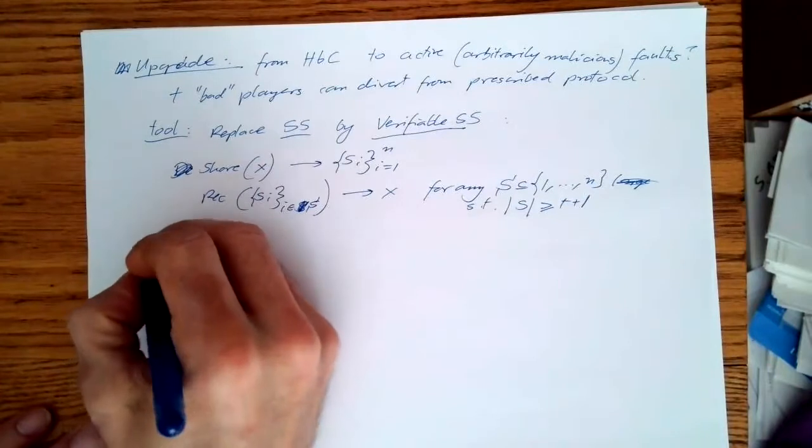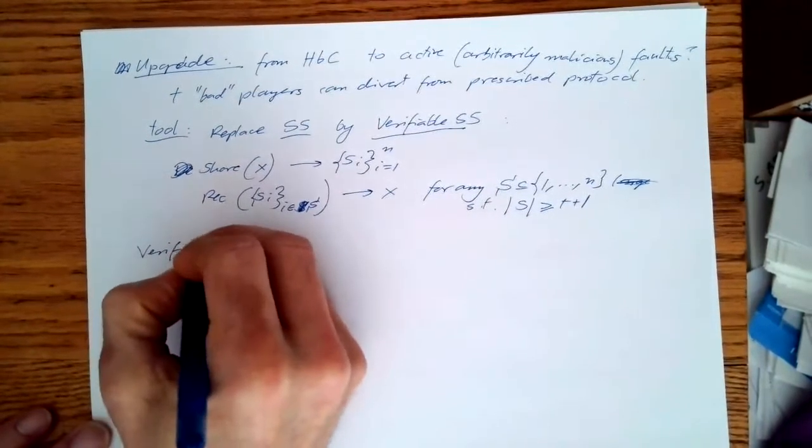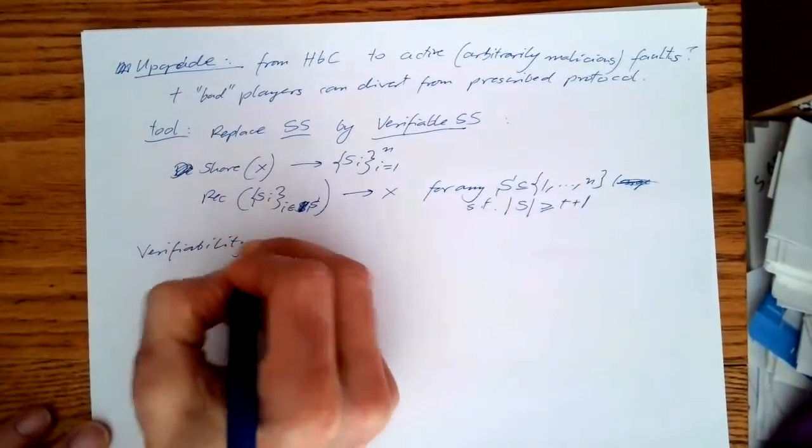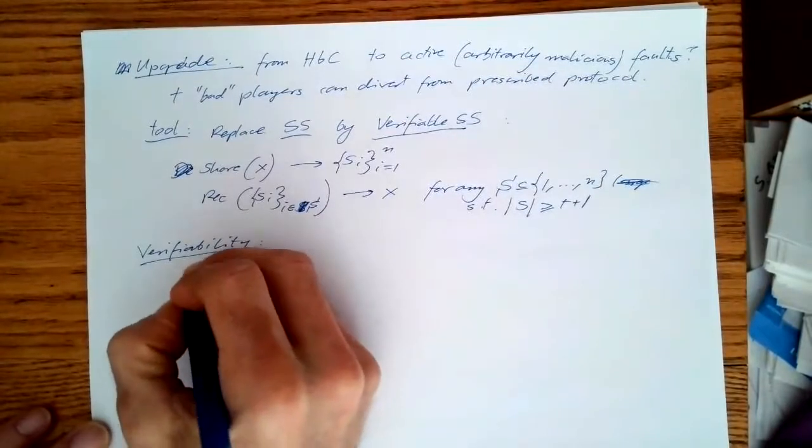The verifiability means two additional properties.